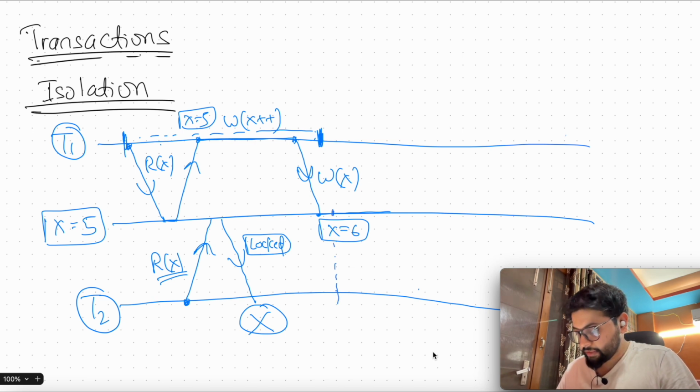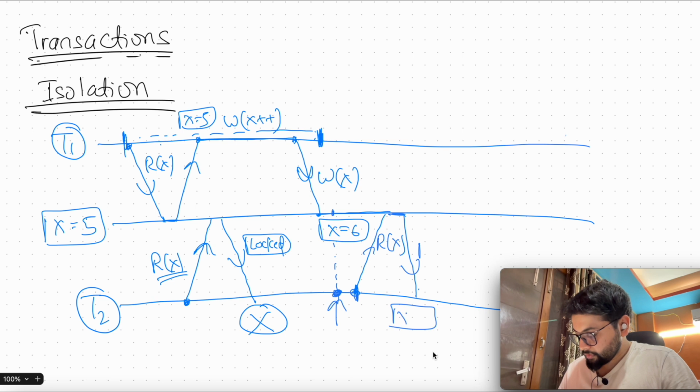Transaction T1 completes at this point of time. After this instant, if transaction T2 tries to read the value of data item x, it will be able to read it successfully. It will get the value of x to be 6, because it was updated previously by transaction T1.